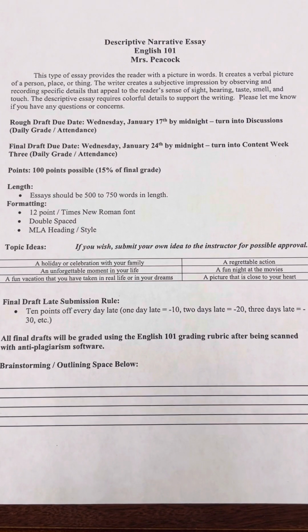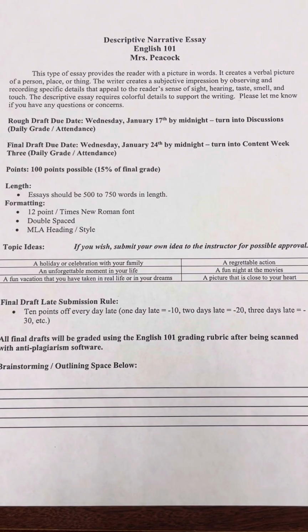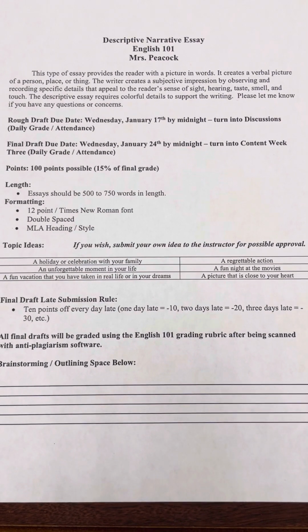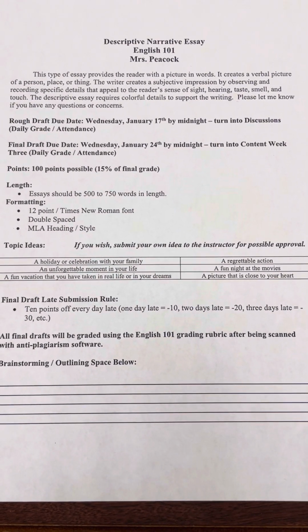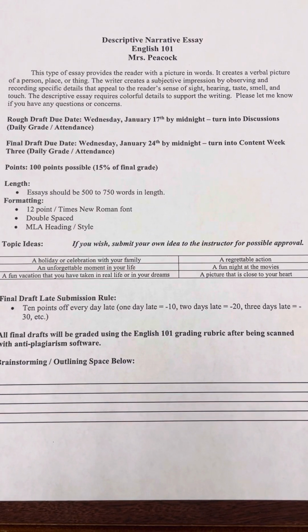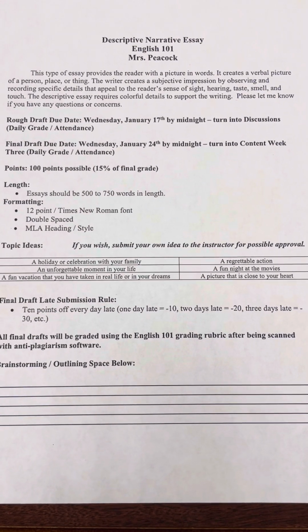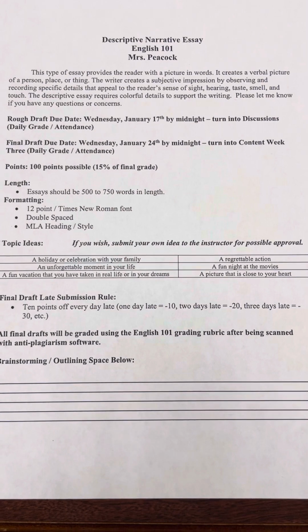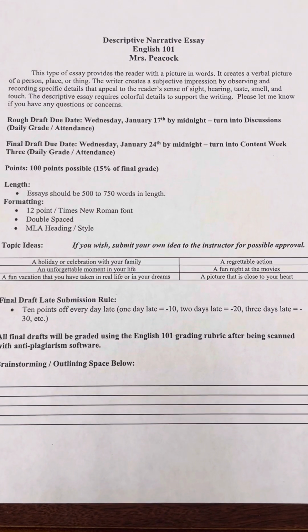This essay is worth 15% of your final grade, so a chunk of the grade, but not nearly as much as, say, the research paper later on in the semester. The length of this essay should be between 500 and 750 words. If you do go over 750, that's all right.